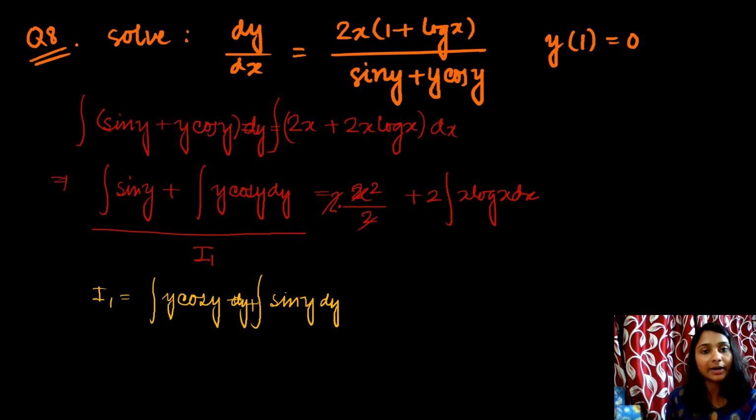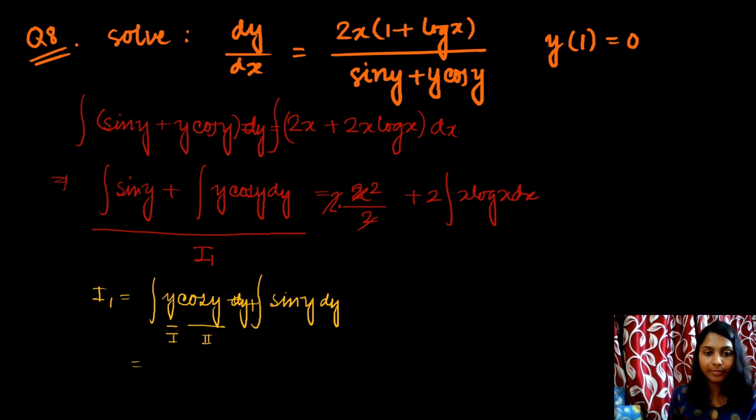So there is a multiplication of two functions. Therefore, we need to use the multiplication formula. In the multiplication formula, we can take this as the first function and this as the second function.